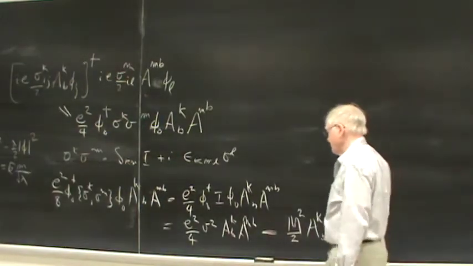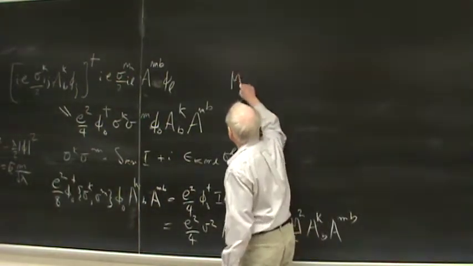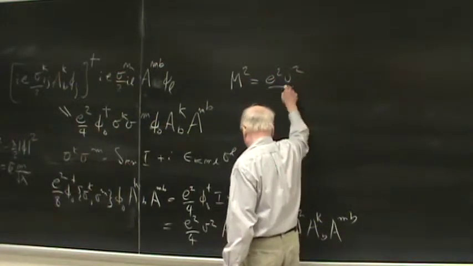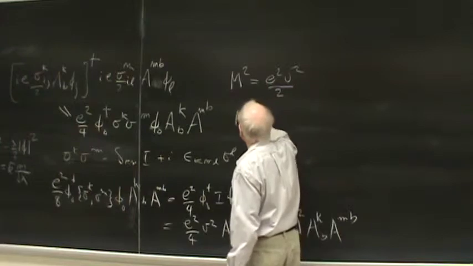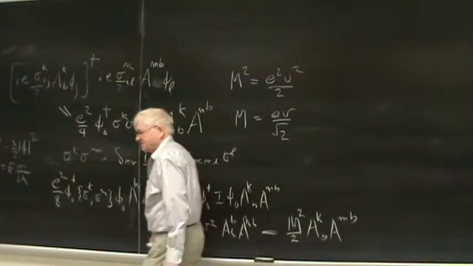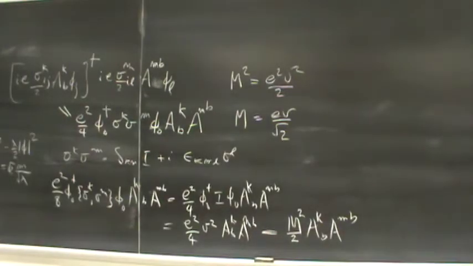and so the mass squared is then e squared v squared over 2, or the mass is ev over root 2. And you see that all the gauge bosons get the same mass.